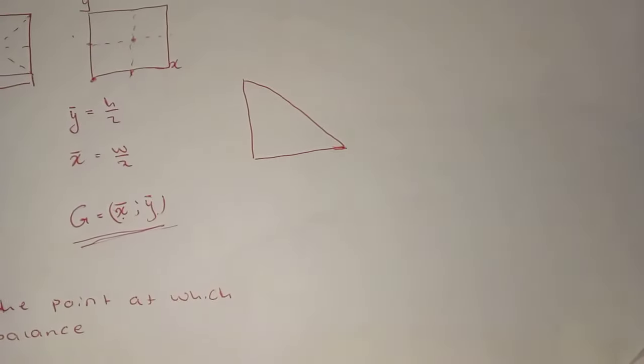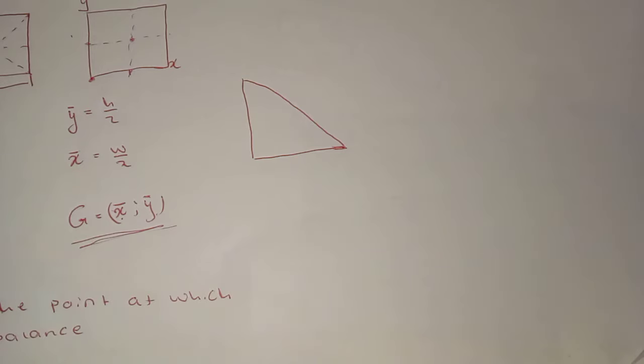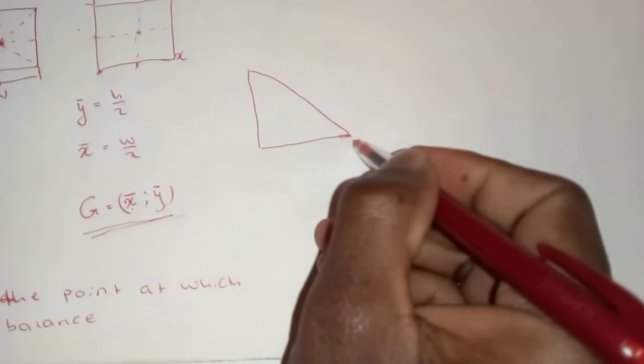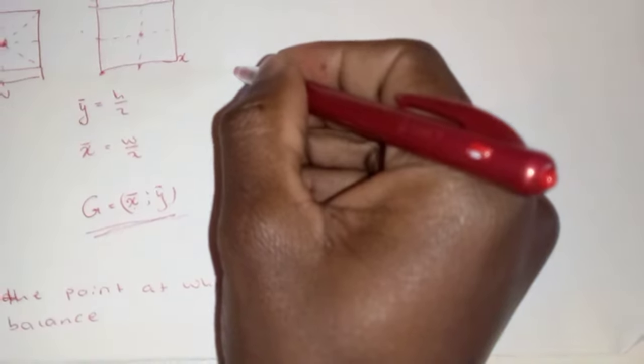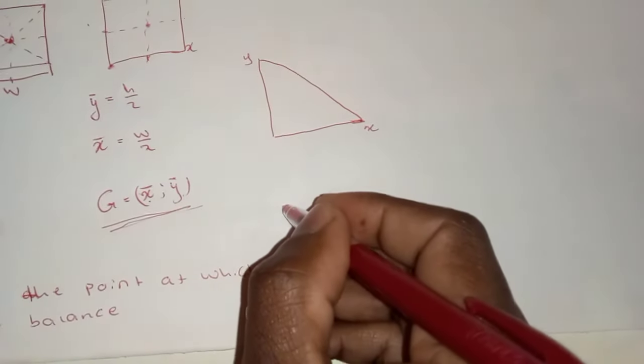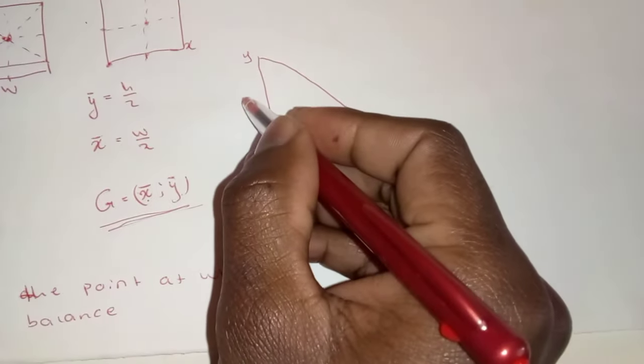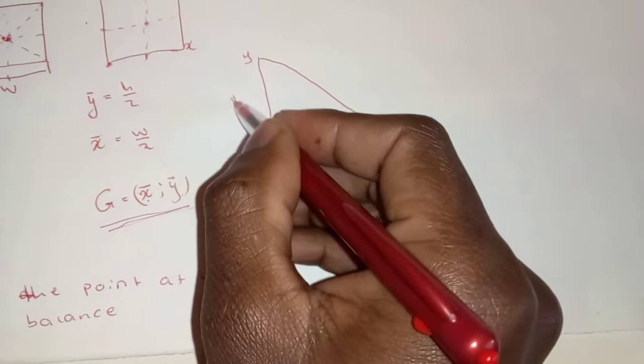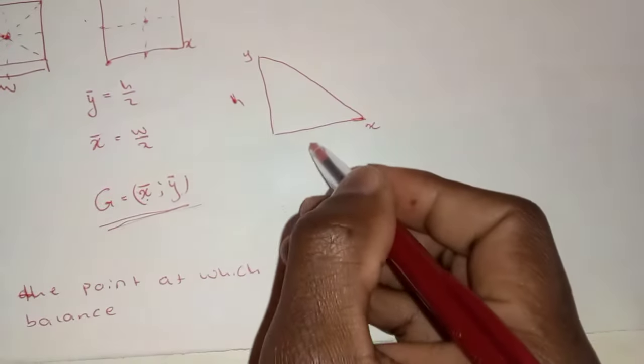You can tell, looking at the shape of the right angle triangle, that we cannot just say our centroid is at the middle. Let's say this is h and this is b.